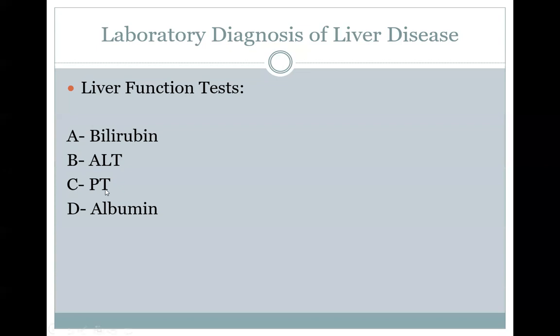The prothrombin time is going to look at the synthesis ability of the liver of so many different clotting factors that are part of the coagulation cascade, and albumin. Each one of them is an important indication of how the liver is doing.